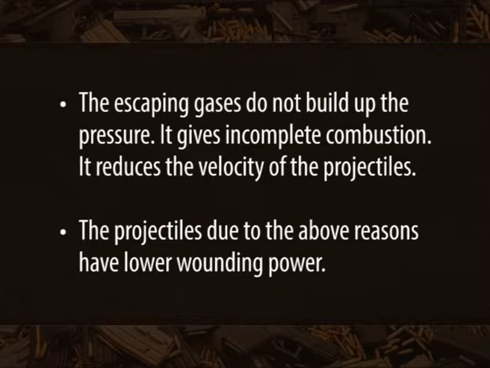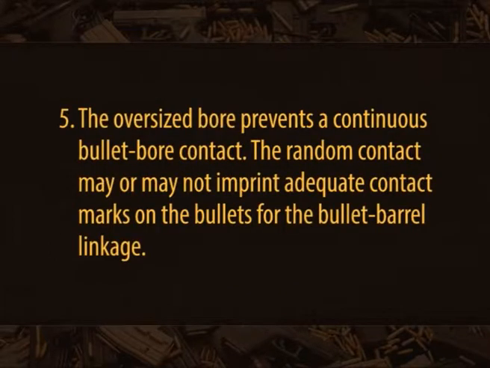The projectiles, due to the above reasons, have lower wounding power. The oversized bore prevents a continuous bullet-bore contact. The random contact may or may not imprint adequate contact marks on the bullets for the bullet barrel linkage.